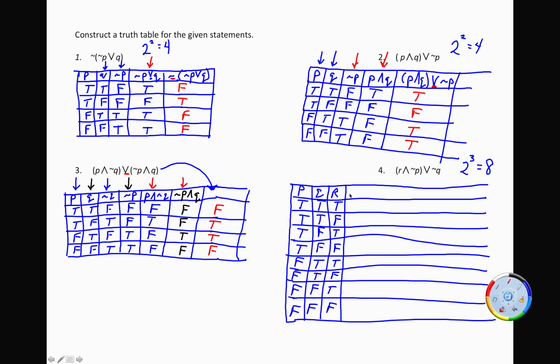All right, I've got a not P. So I've got to write the opposite truth value of P. So four falses and four trues. And I've got a not Q. So I've got to write the opposite truth values for the Q's.